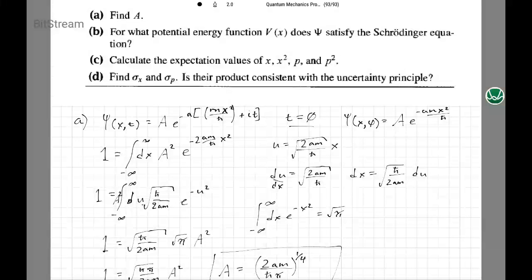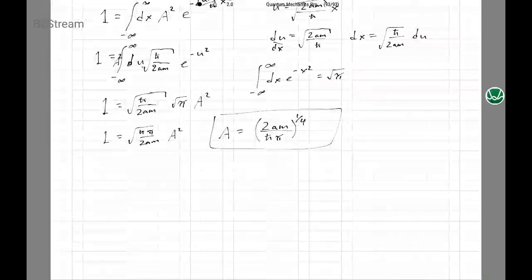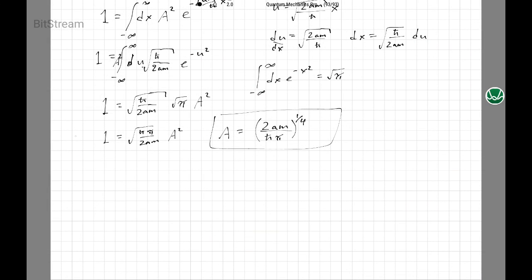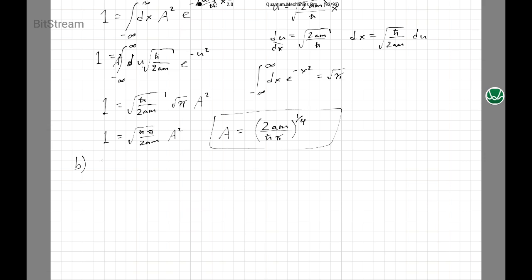Now it wants to know for what potential energy function V does psi satisfy the Schrödinger equation. This does kind of get back a little bit to that separation of variables deal.